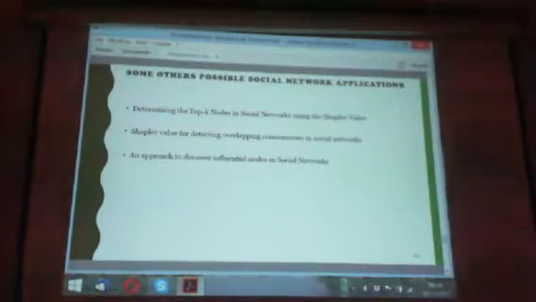Another application we are trying is how to discover the most influential nodes in some social networks.